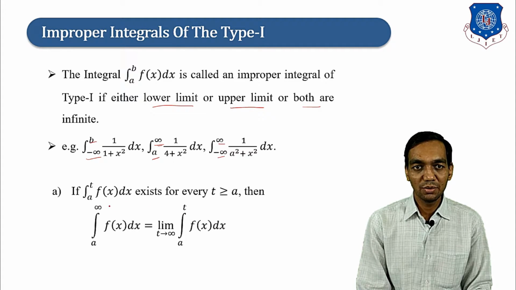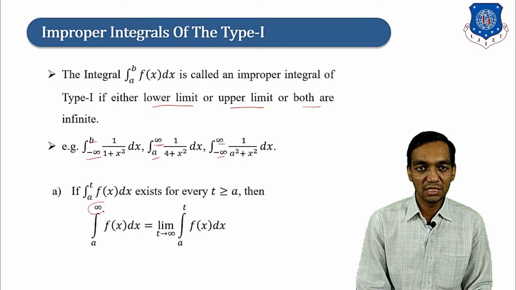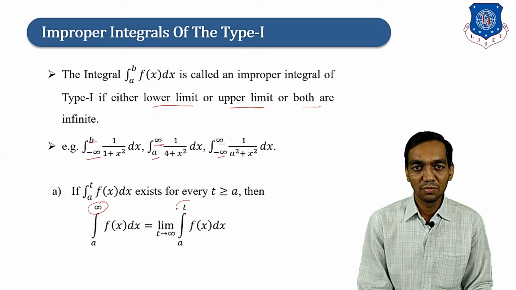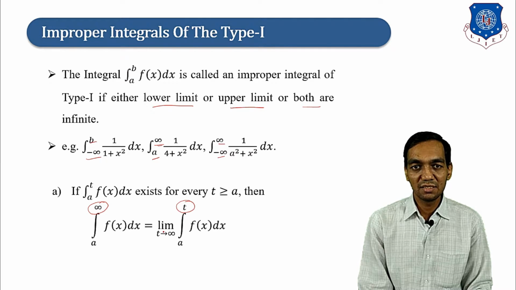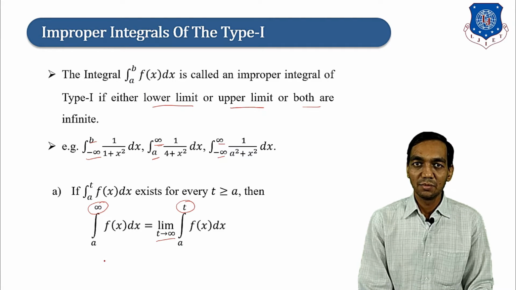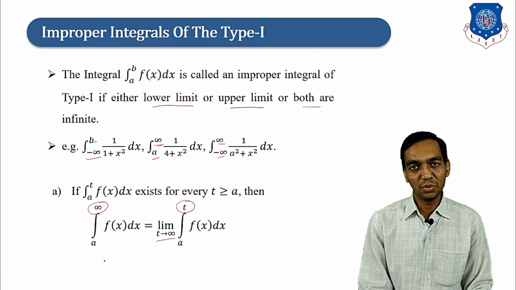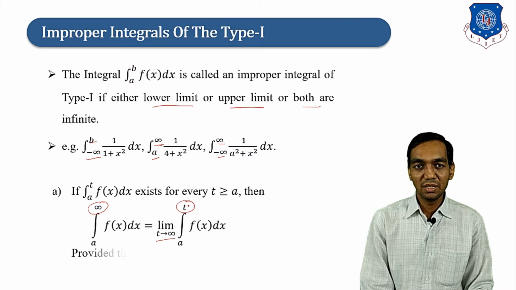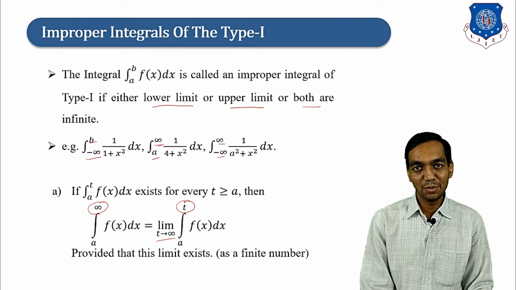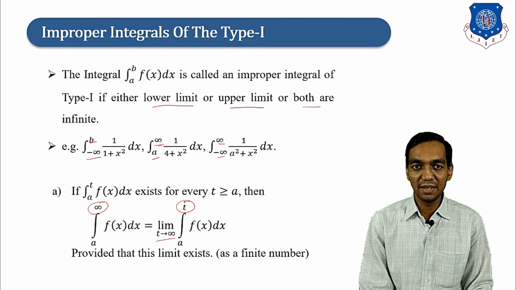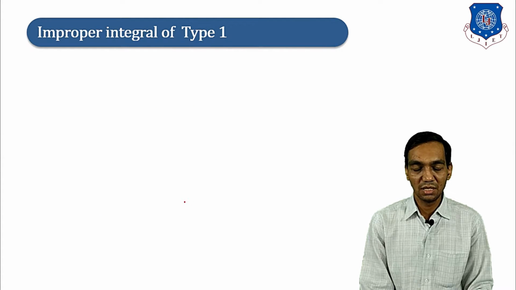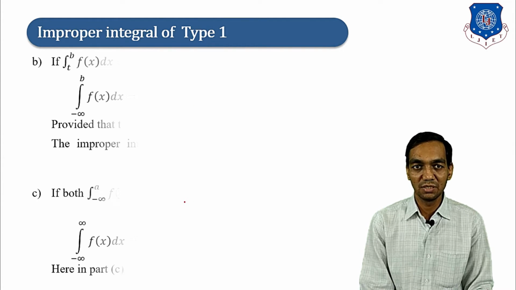That means whenever you have given any infinite limit, then this infinity will be replaced with some variable t, and this t is going to tend to infinity. This is the first kind, where the upper limit is infinite. In the same manner, provided this limit exists and is a finite number, then we say that this improper integral is going to be convergent.